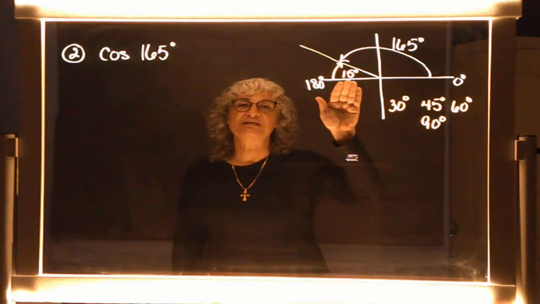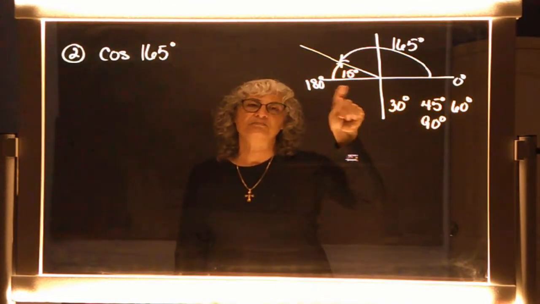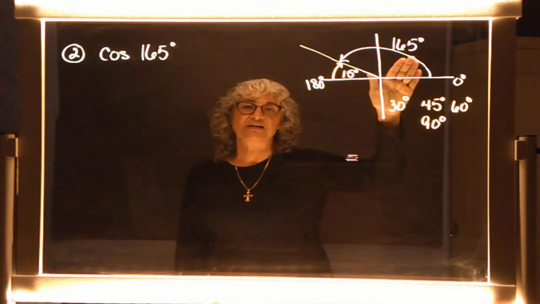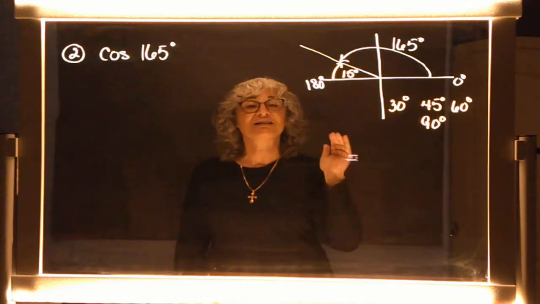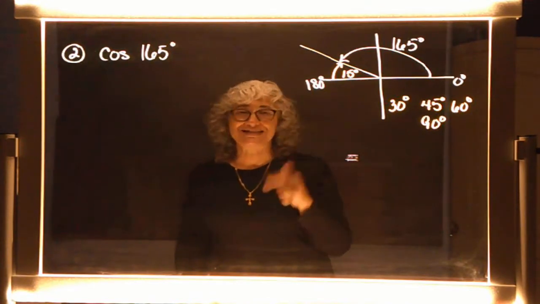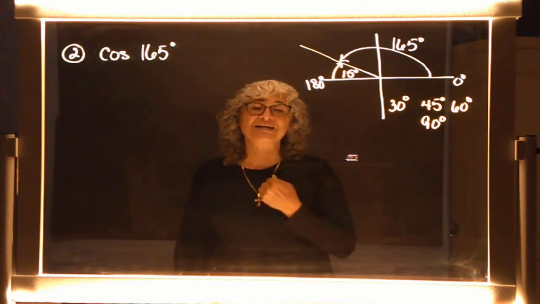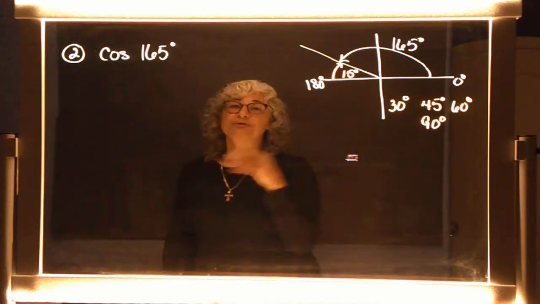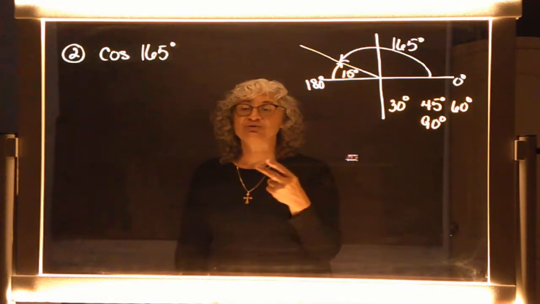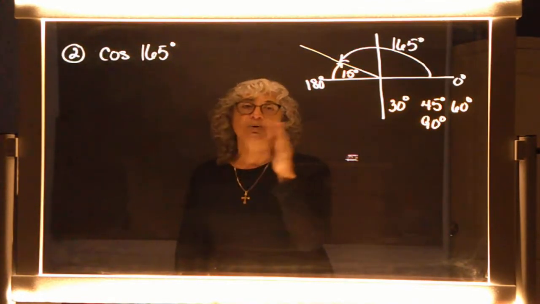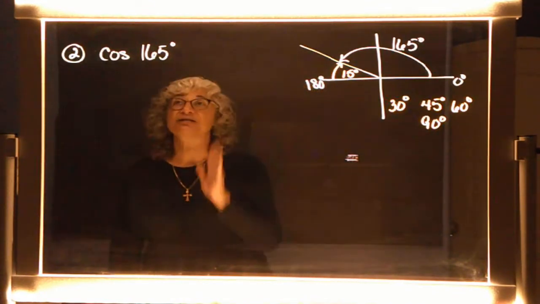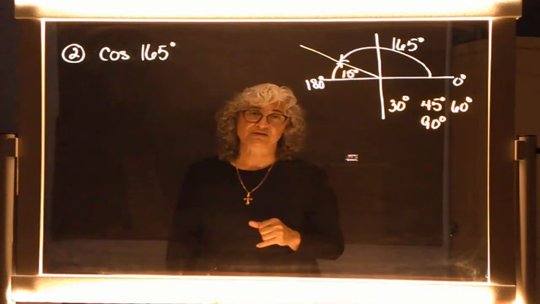So 15 degrees is not a typical angle measurement that we can find without a calculator, which means 165 degrees is not a typical angle that I can find without a calculator. And since the directions said find the exact value, that means no calculator, which means I am going to have to break this up into two different angle measurements. And when I do that, I can use the cosine sum or difference formula. Got it?